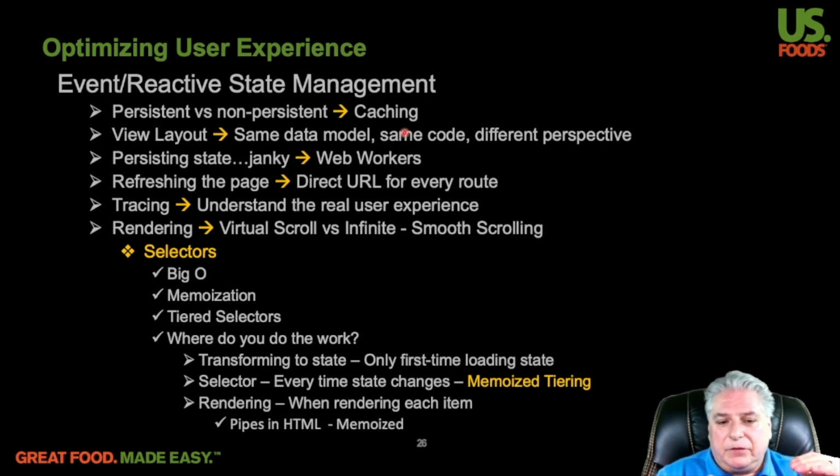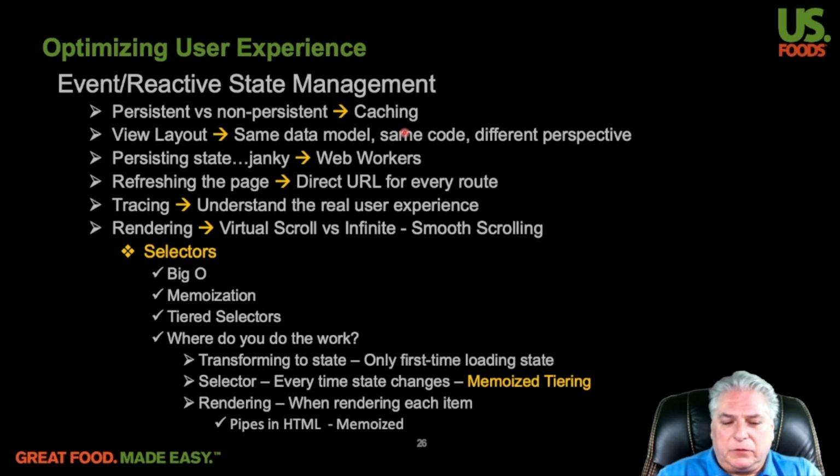Build tracing as a first-class citizen in your app. It's one of those things like, we'll do it when we get to it. You'll never get to it. And you will probably spend more time trying to figure things out than if you had done it in the beginning. Tracing, very important.